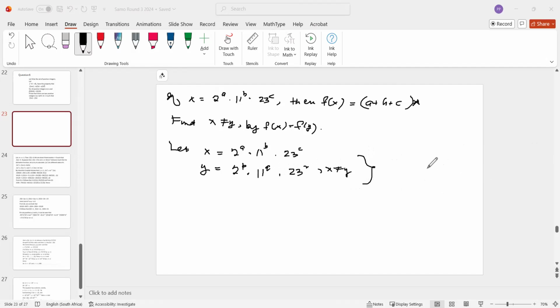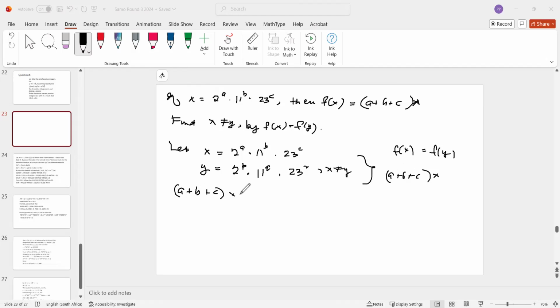But we want that f of x is equal to f of y. And f of x we just saw is a plus b plus c times x. I'm going to put this down here: a plus b plus c times x.